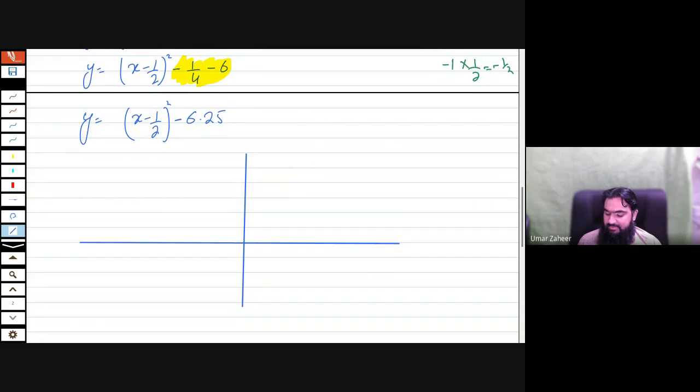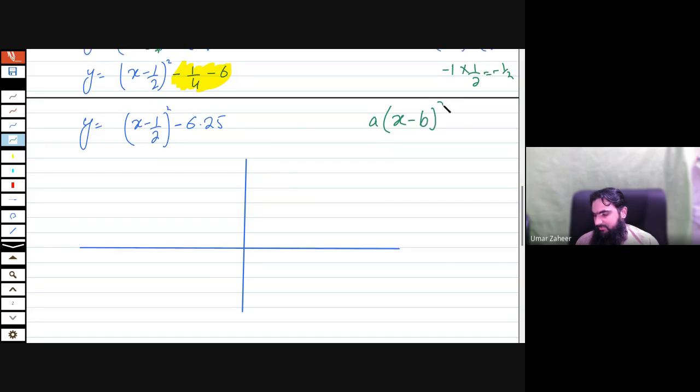First, we have to find the turning point. You will write the equation as a(x - b)² + c.